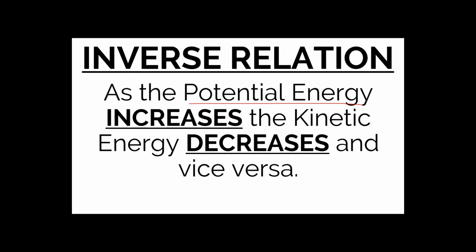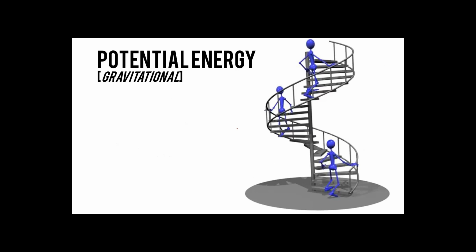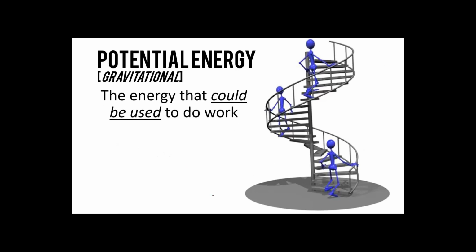So how do we know the potential energy of an object or of a person? How can we determine its potential energy? In determining the potential energy of a person or an object, we will use the potential energy equation. What is this equation?